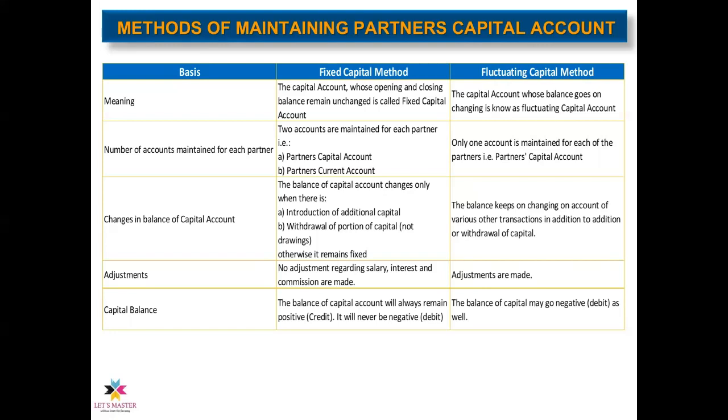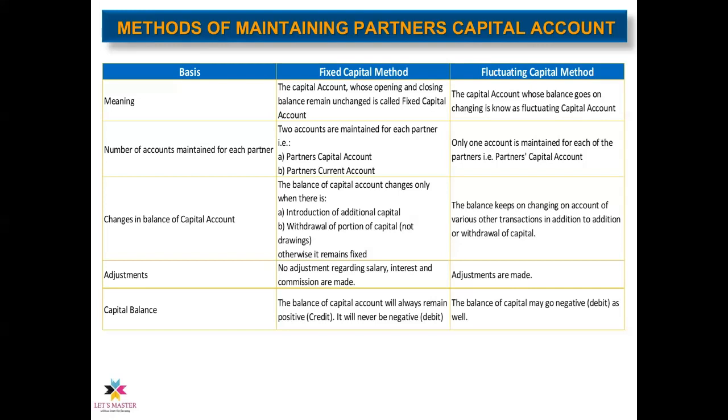So don't mix them. If there is no additional amount of capital brought in or no portion of capital withdrawn by the partner or by the owner, then the balance of the capital account remains fixed. Whereas in case of the fluctuating capital method, the balance keeps on changing on account of various other transactions in addition to addition or withdrawal of capital.